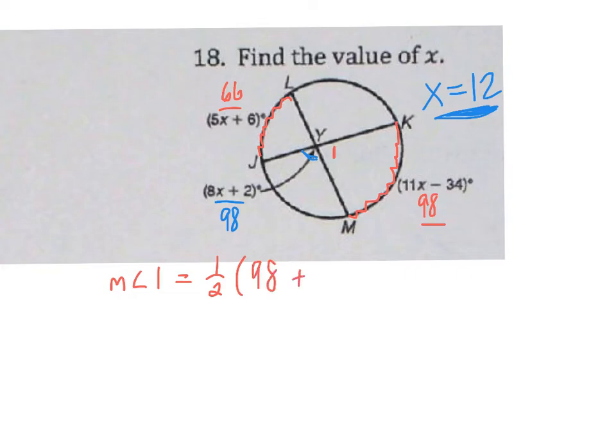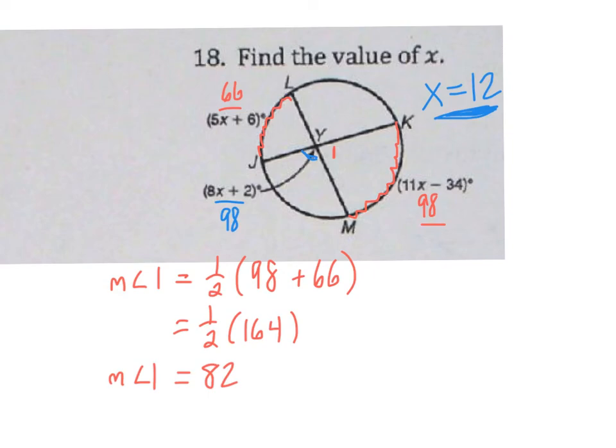So 98 plus 66, which means that it should be equal to half of 164, which tells me that the measure of angle 1 is going to be 82. So I'm going to change that 1 to 82 inside my circle. And since this angle over here is 98, these two should add up to 180, which they do.